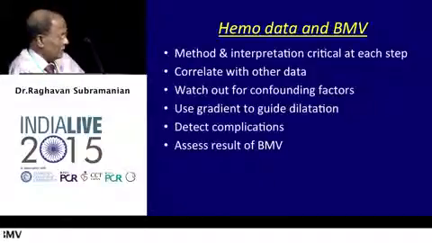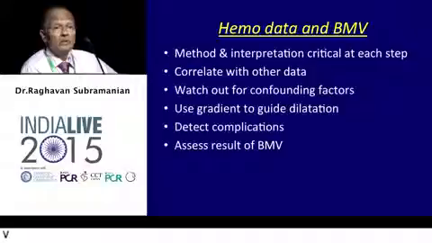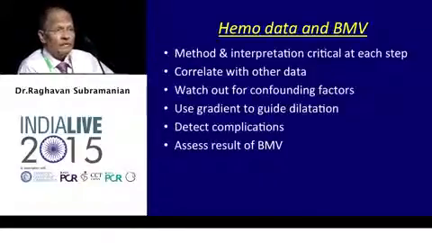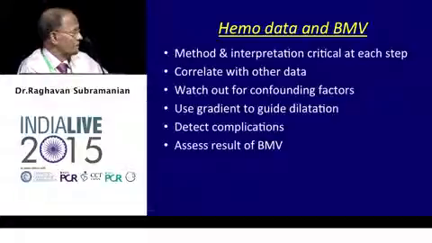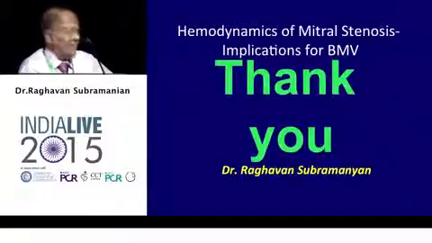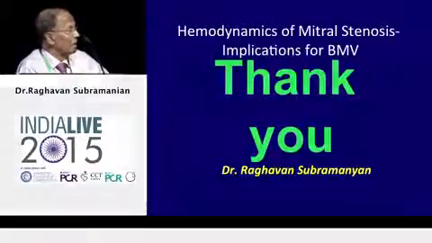Gradient is often used to do serial dilatation. Watch out for signs of hemodynamic complications. And finally, please assess the result of BMV by pressure data when your catheter is still in the LA and you have a catheter in the LV. Thank you very much.